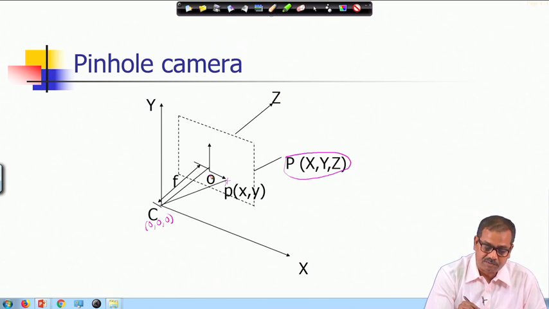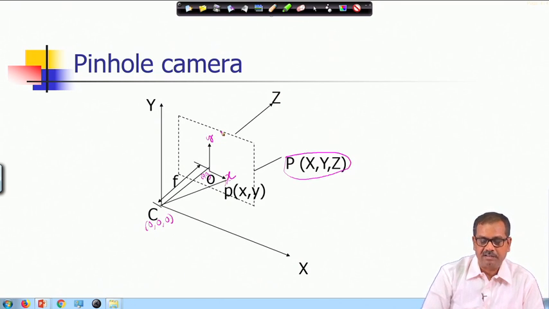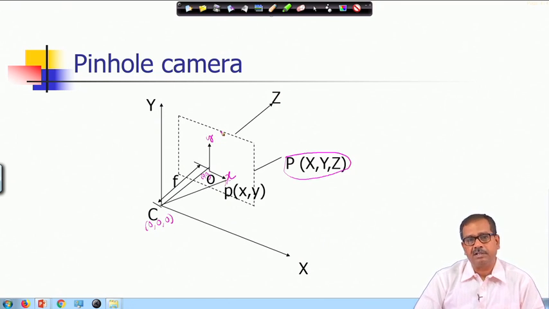The origin of the image plane's coordinates is formed by the intersection of the z axis with the image plane, and this is considered the origin of the image plane. As I mentioned, the x and y axes are parallel with respect to the three-dimensional coordinate system.